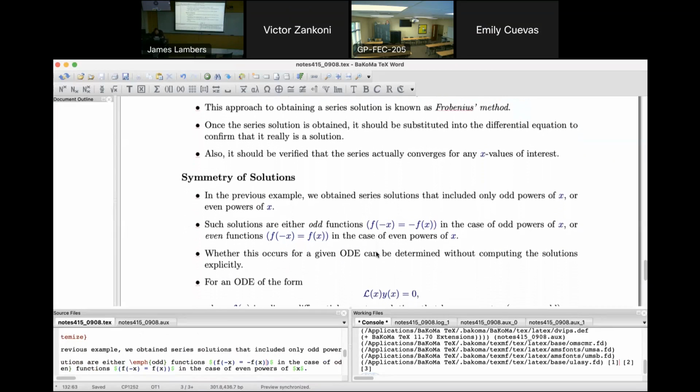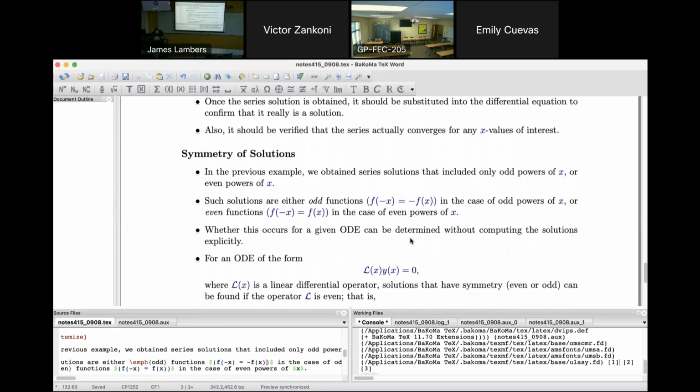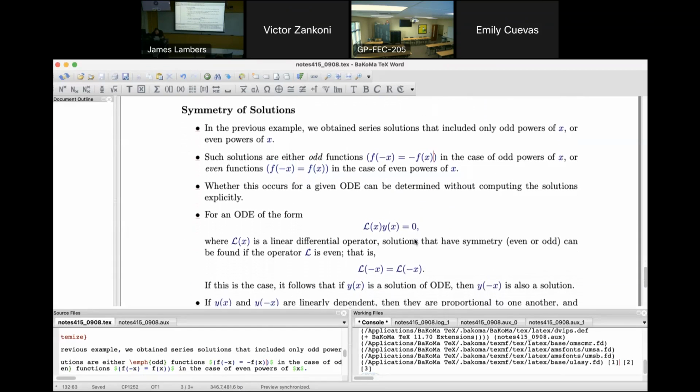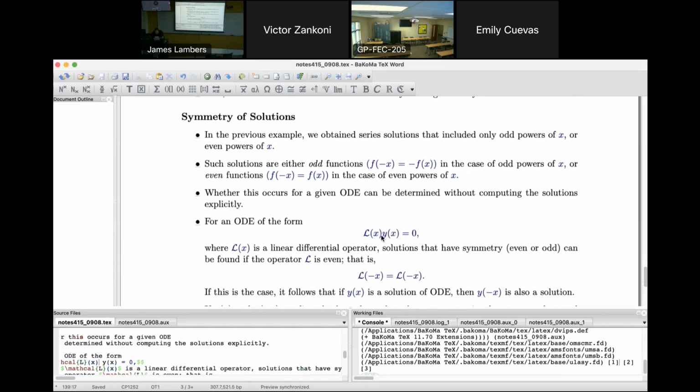Now, it turns out that you don't have to go through the whole Frobenius method to find out if your solutions are going to have this kind of symmetry. Because these ODEs have this form: we have a differential operator applied to y of x equal to 0.